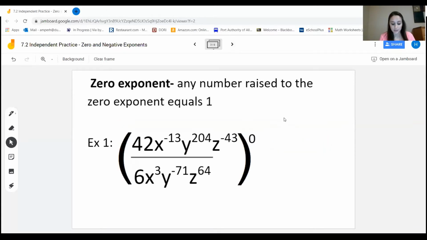So take this example. You might look at it and think like, oh my gosh, Miss Hanfer, why would you do this to us? This is awful. Look at it. It's so hard. But is it? Because what is going on here? There's an exponent of 0 outside of the parentheses. So what that means is applying our power of a power property.